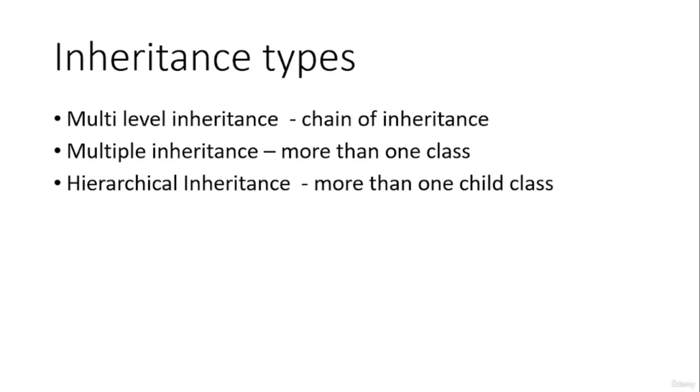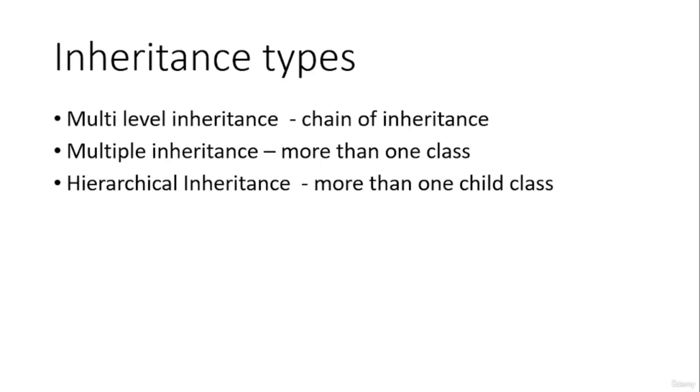Now let us discuss the third type of inheritance, which is hierarchical inheritance. Hierarchical inheritance means there is more than one subclass of a particular class. There are multiple subclasses for a particular parent class.